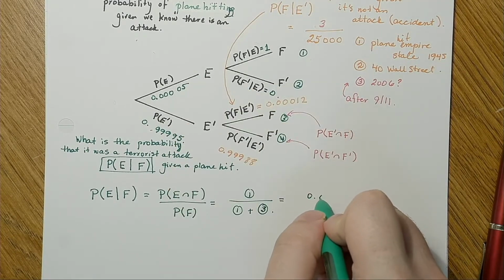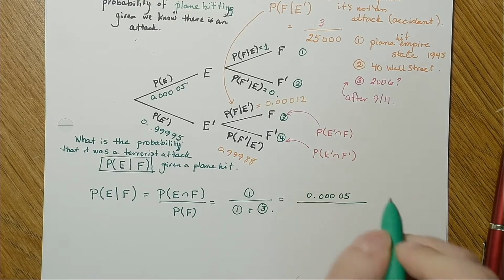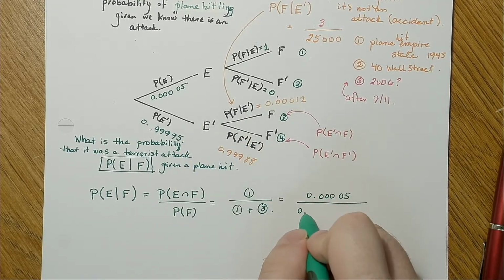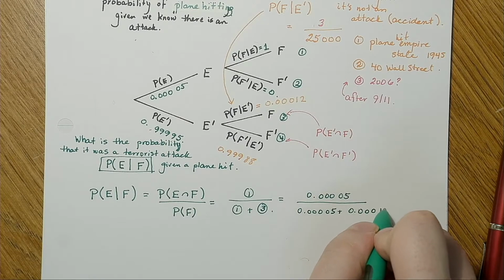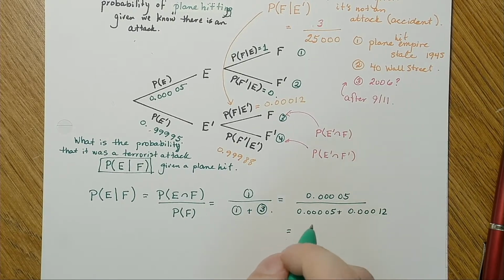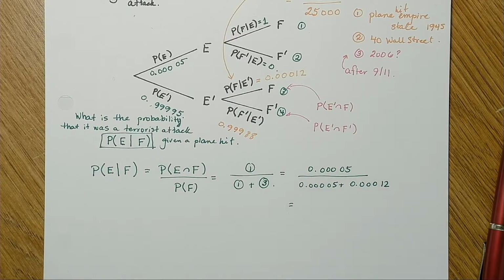So that's 0.00005 all over the branch 1 again, so 0.00005, plus the third, 0.00012. So that should be roughly 5 over 17.